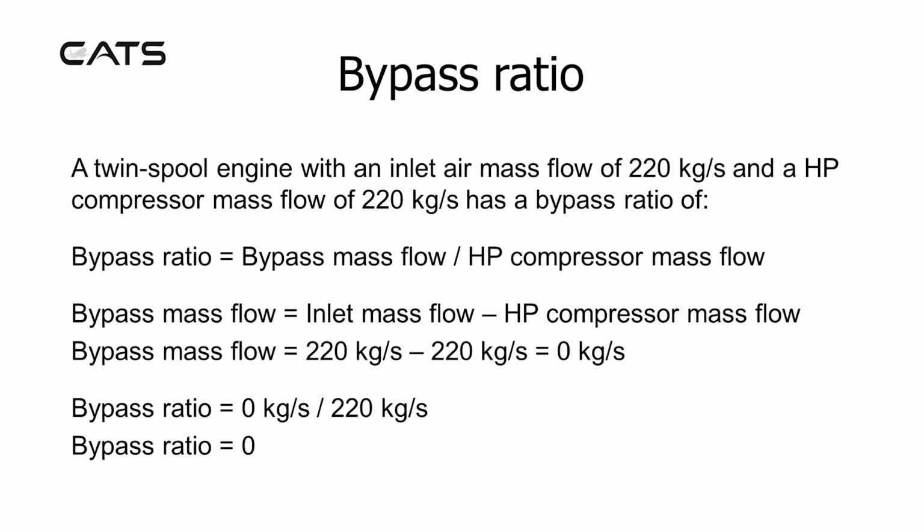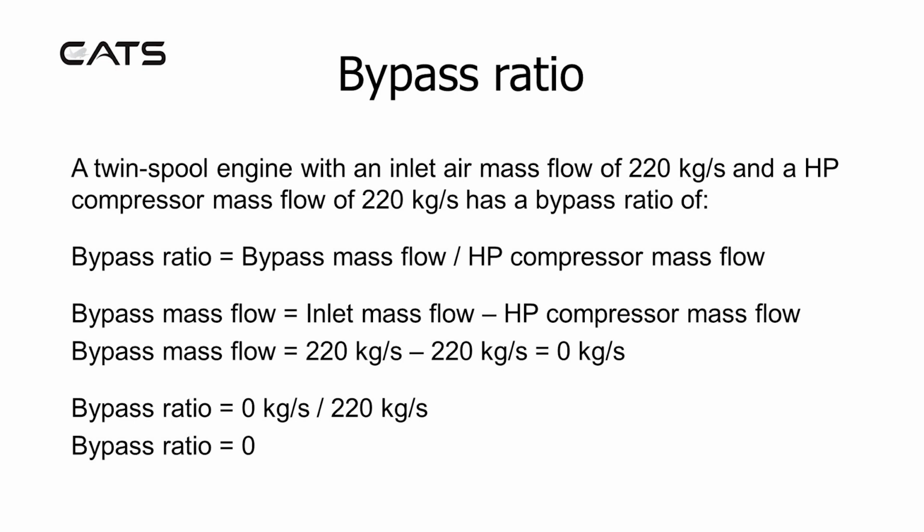Here's another example. A twin spool engine with an inlet air mass flow of 220 kilograms per second and a high pressure compressor mass flow of 220 kilograms per second has a bypass ratio of? Well, you should kind of see this instantly. What's going through the inside is the same as the total flow. So let's look at the formula.